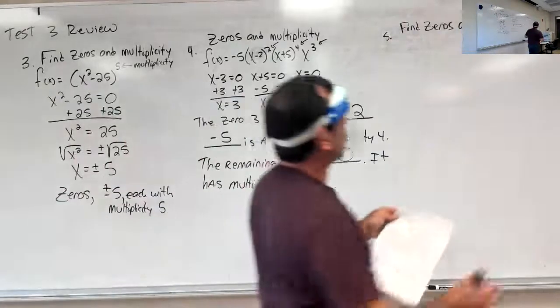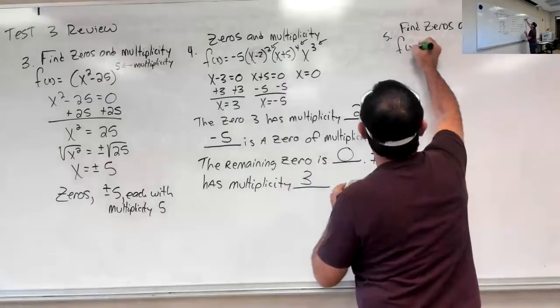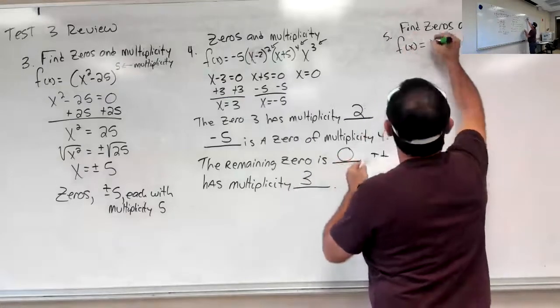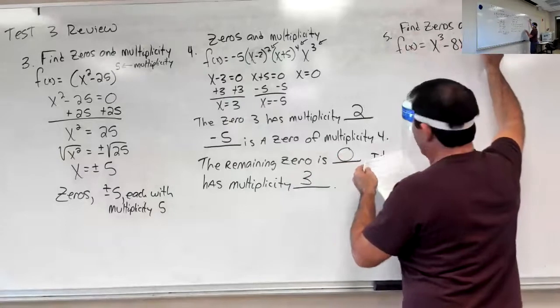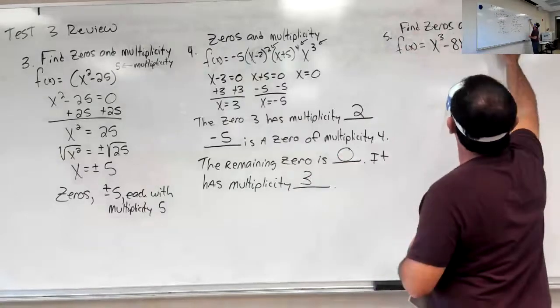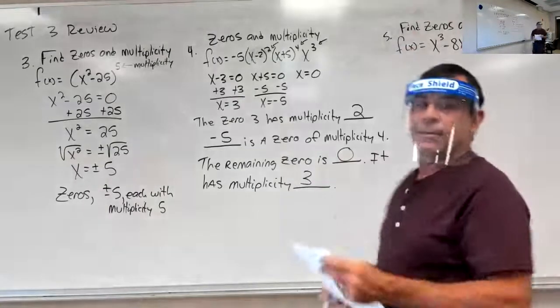All right, so y'all, here's a 4-term polynomial. F of x is going to equal x to the 3rd minus 8x squared minus an x plus an 8.